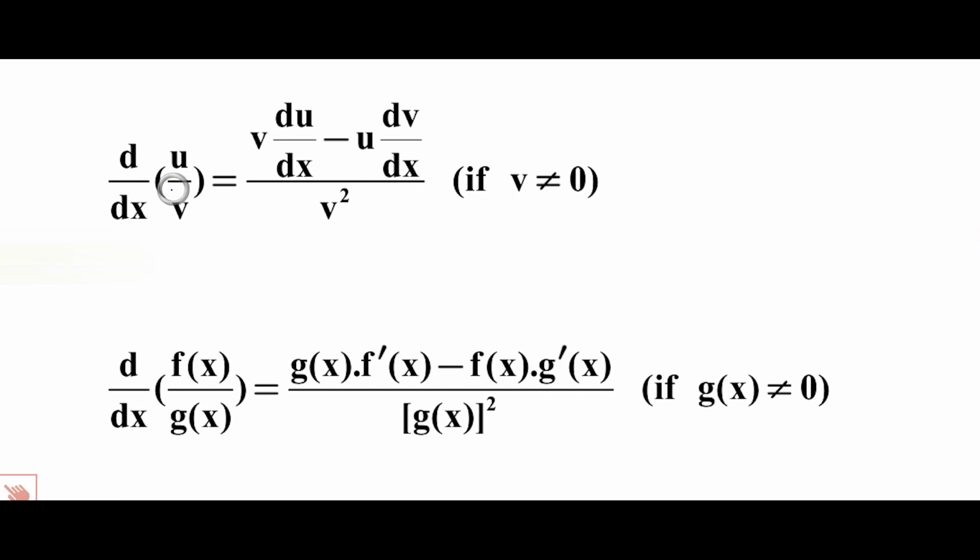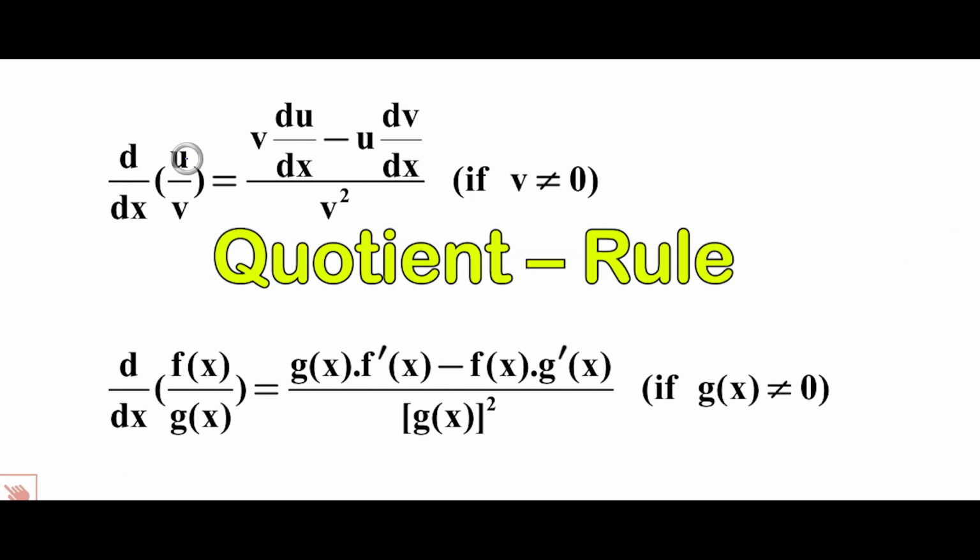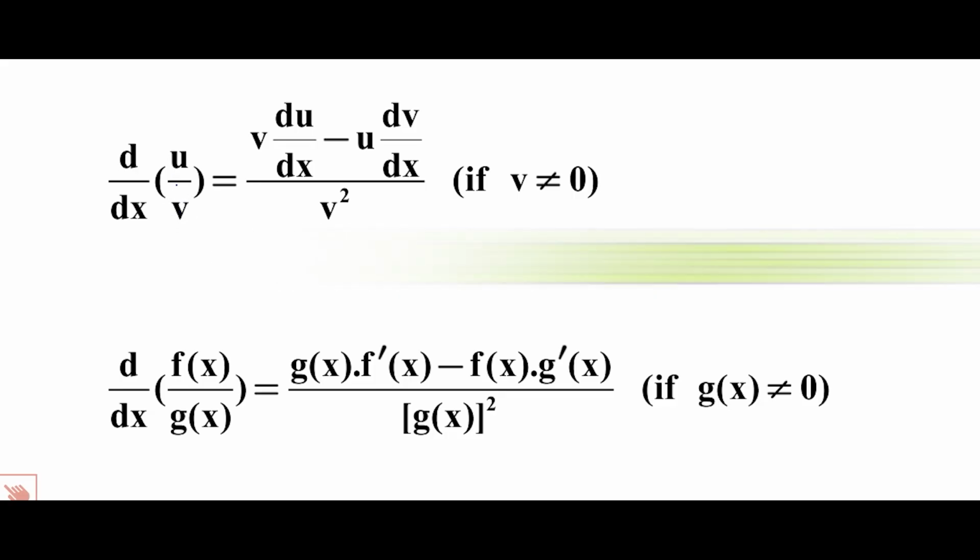Okay? Quotient rule, the derivative of u over v. If you have a fraction, meaning one function divided by another, you should use the quotient rule. We'll say a top and a bottom. So we write the bottom times the derivative of the top minus the top times the derivative of the bottom, over the bottom squared, if the bottom is not equal to 0.